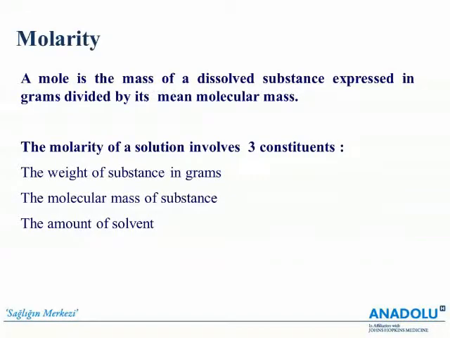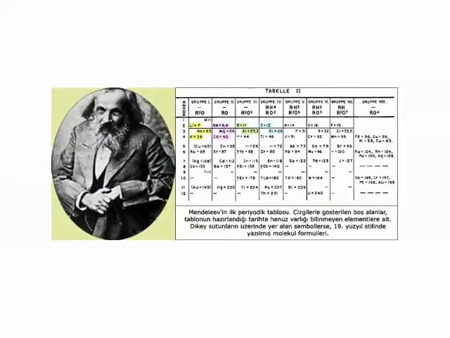And the molarity of a solution would involve three constituents. One of them is the weight of the substance in grams, always in grams. The second one would be the molecular mass of the substance, and the third one would be the amount of the solvent. So, the one thing we maybe wouldn't know here would be the molecular mass of the substance. But of course, as we all know, it's very easy to find that from Mendeleev's periodic table.